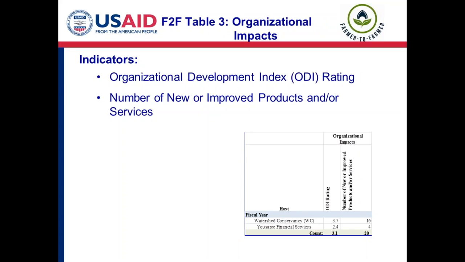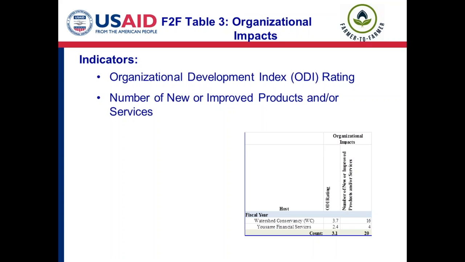So, our organizational impacts. I'm going to set the ODI aside for a minute because new and improved products and services is easier. If someone improves production, if it's a crop that they're growing, that can go here. If it's something they're processing, or a new loan product, anything like that, if it's new from when we started working with the host as a result of farmer-to-farmer assistance, or if it's significantly improved, it gets counted here.